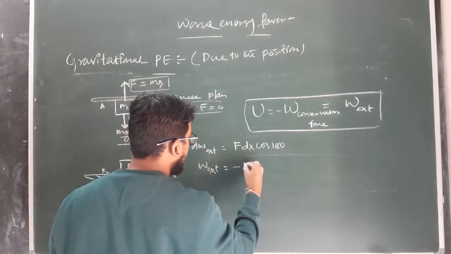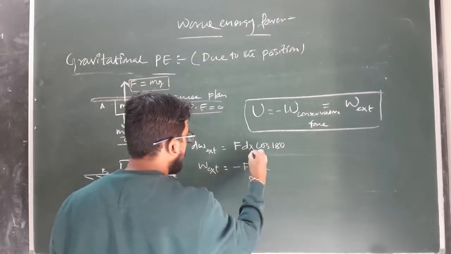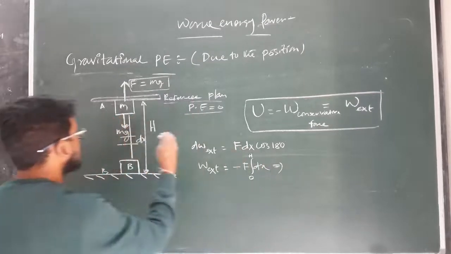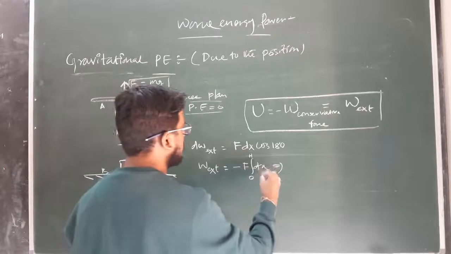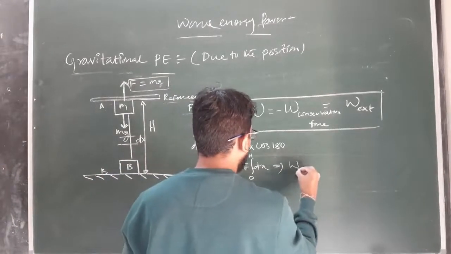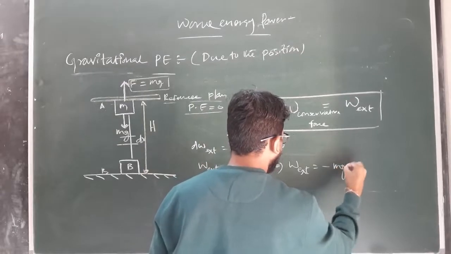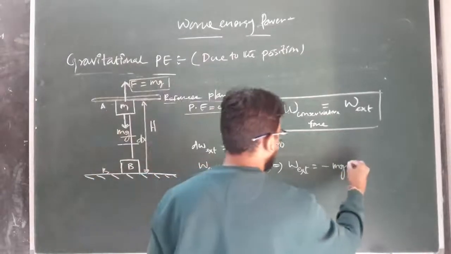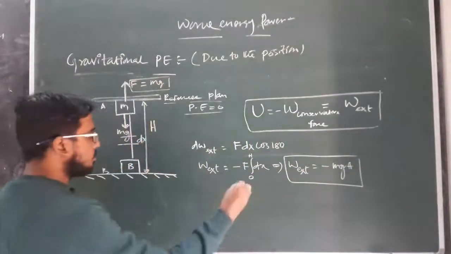Minus F dx. Integration of dx varies from 0 to h. So this implies, as the body is moving with 0 acceleration, so applied force is also equal to the gravitational force, that is mg. So total work done by the external force will be equal to minus mg, and dx integration 0 to h will be h. Clear? So this is the amount of work done by external force.